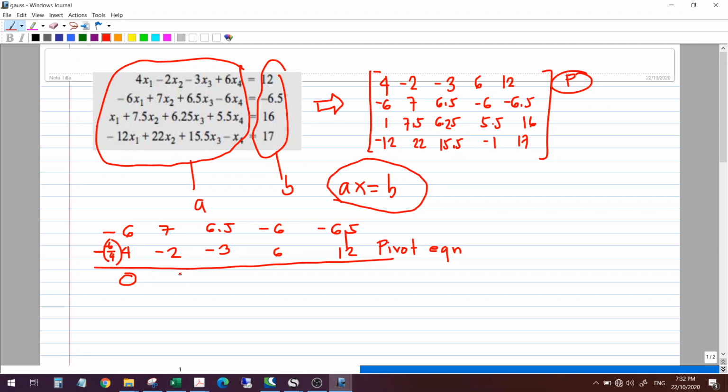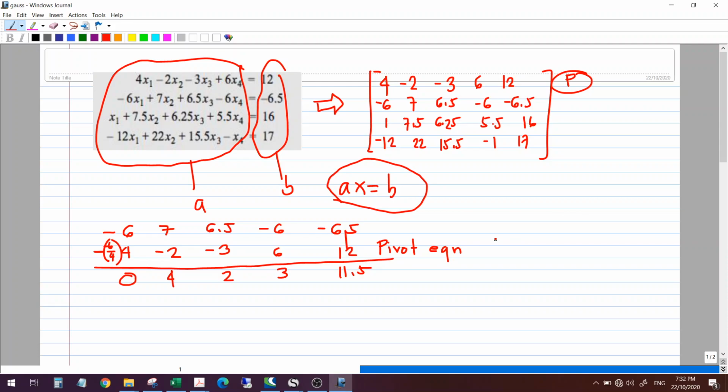So 7 minus 3 is, this becomes 4. So if you do the operation there, you will come up with 0, 4, 2, 3, and then 11.5.